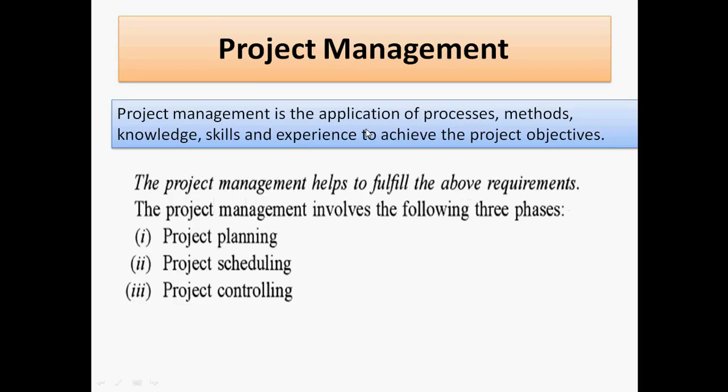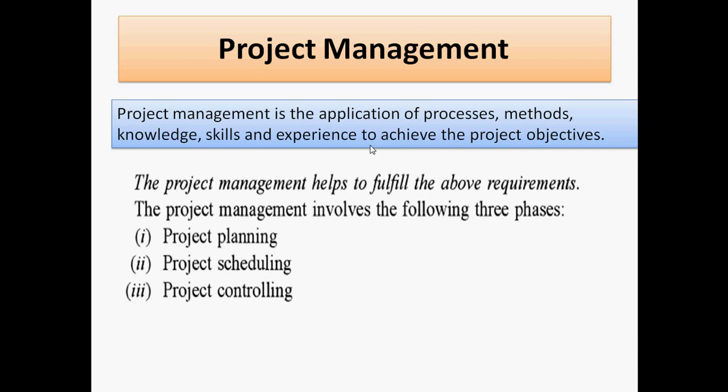For project management, we require some activities. The activities we follow are project planning, then project scheduling, then project controlling. These are the tools we are using for project management.